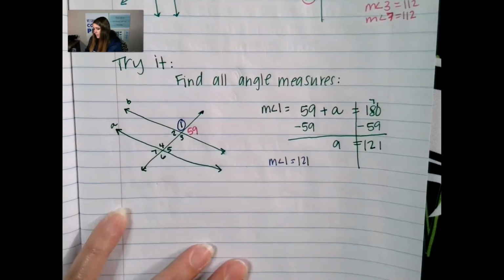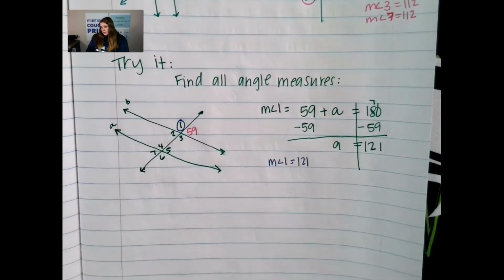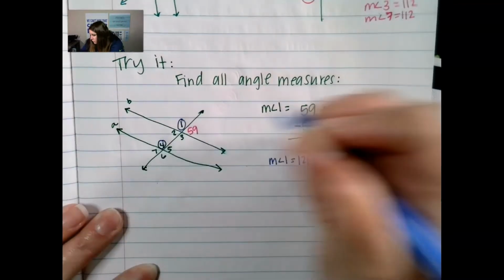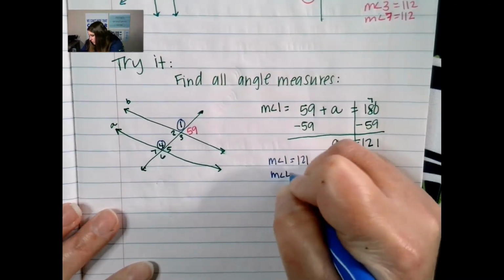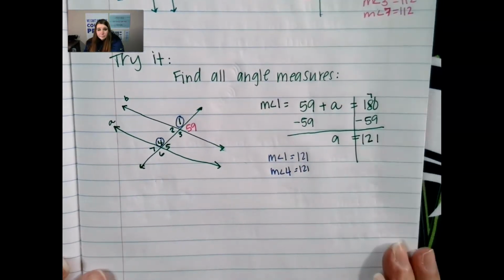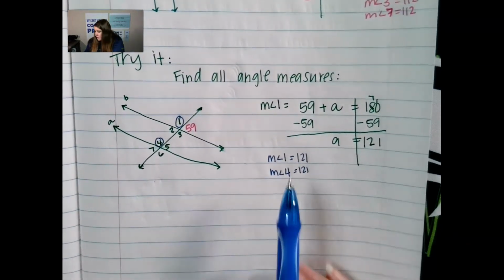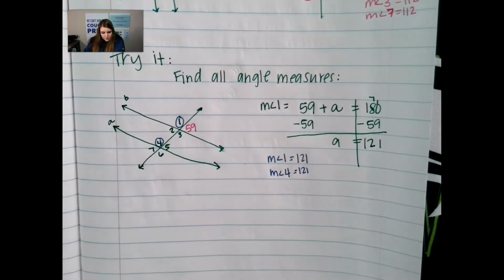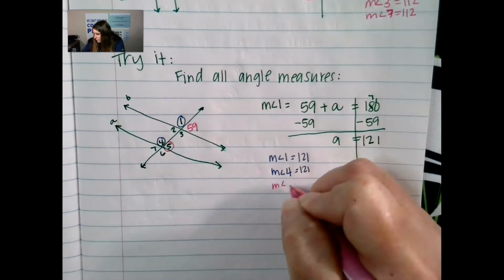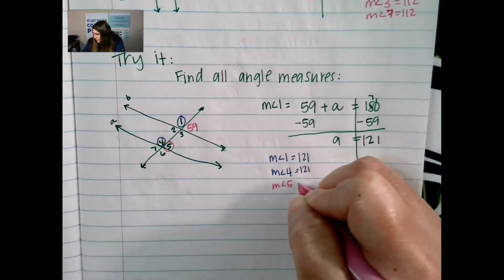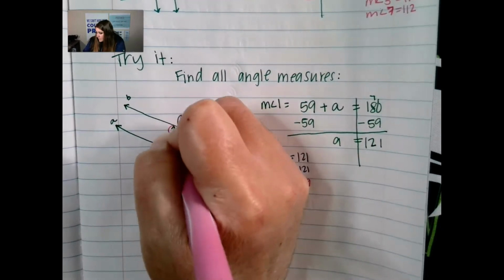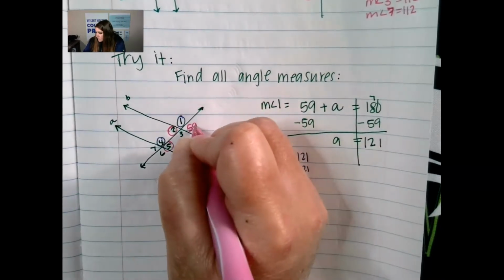All right, now same angle, same side, corresponding. So that means the measure of angle 4 is 121. All right, 59, same side. So measure of angle 5 is going to be 59 degrees. I've got my opposites, right?